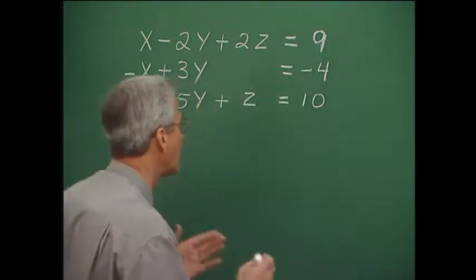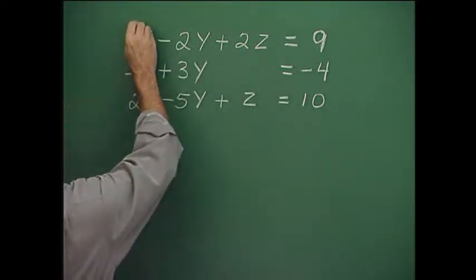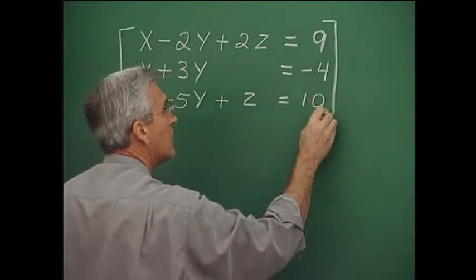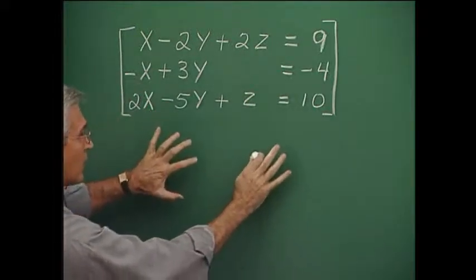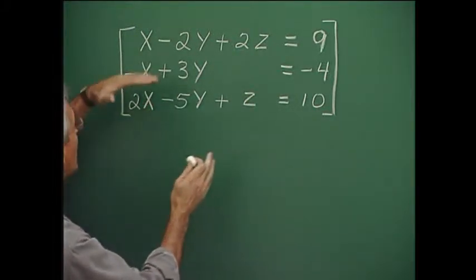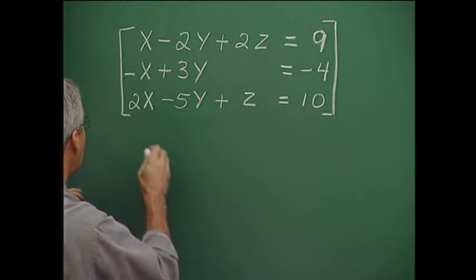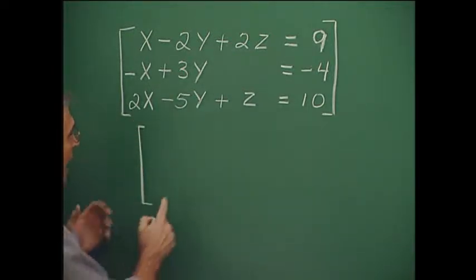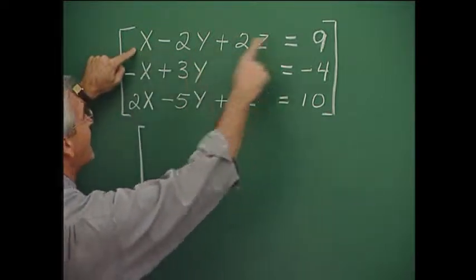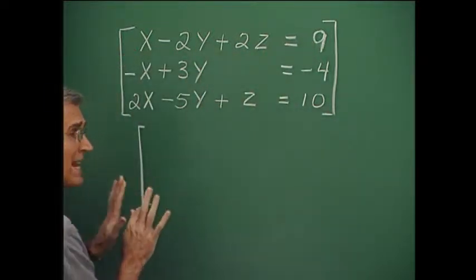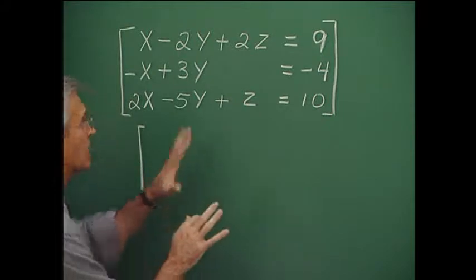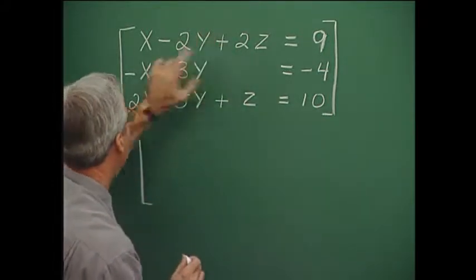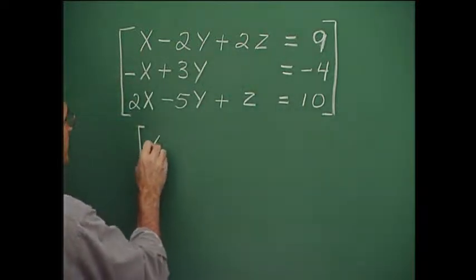To keep things straight with our three equations, we're going to bracket the three equations, because when we write another step down here, we're going to have another group of three equations, and we don't want these confused. In our next bracket, I'm going to begin by rewriting the top equation. I want to maintain the equivalence of this group of equations with this group, so I'm going to bring down the first equation.